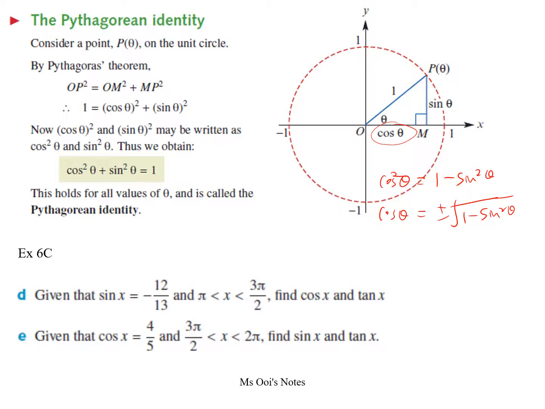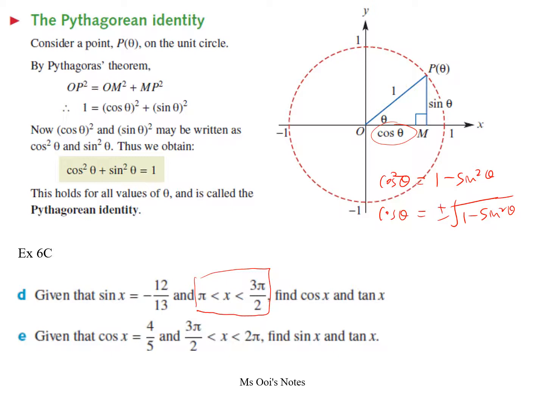And we know that mathematically you should have plus and minus, but when you work on the questions, usually you will be given which quadrant. So if you're looking at the second quadrant, cos will be negative. If you're looking at the third quadrant, cos will be negative. If you're looking at the first and the fourth quadrant, cosine will be positive.